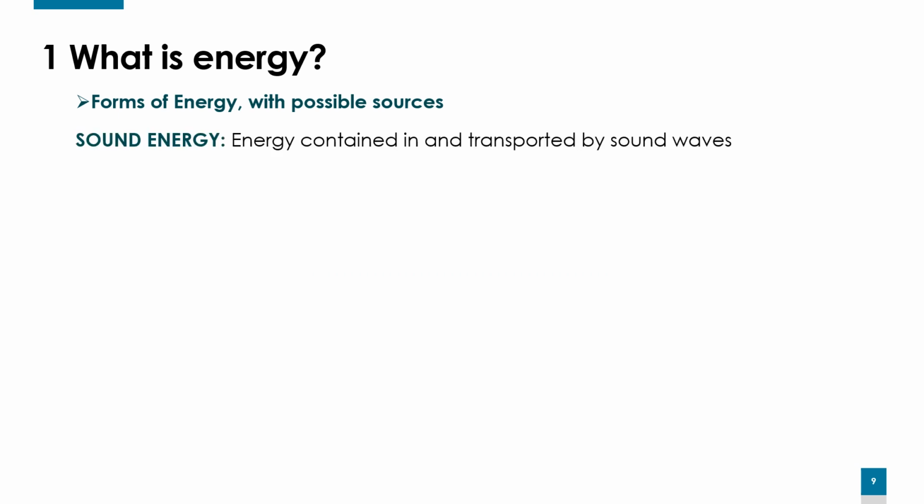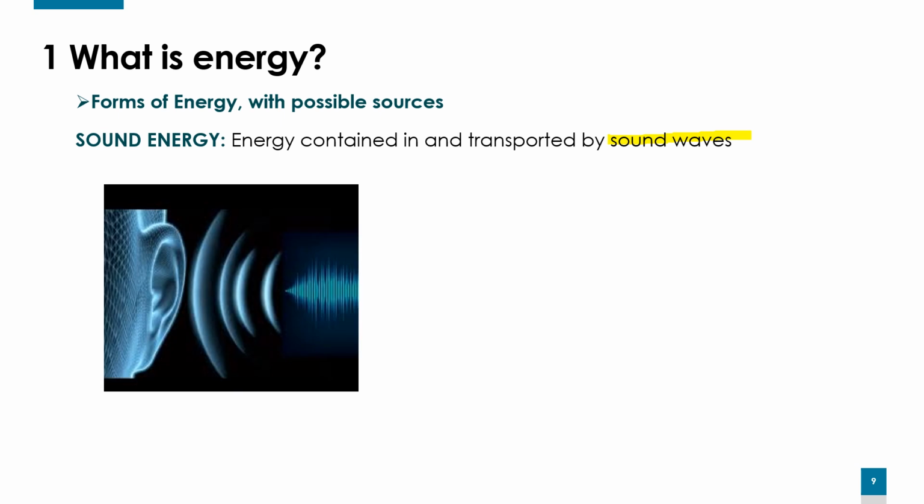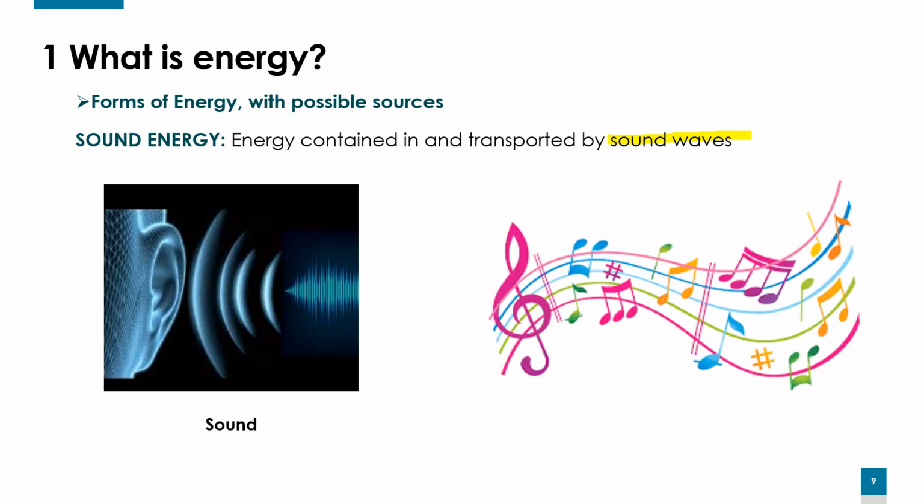Sound energy is the energy contained and transported by sound waves. For example, the sound that we are listening to right now is a type of energy. Or the music, if you are listening to music, is another sound energy.